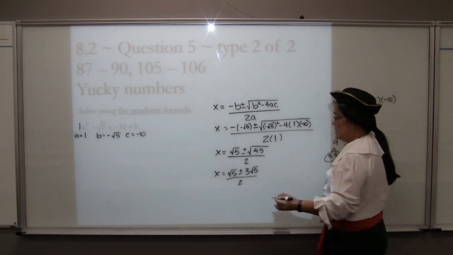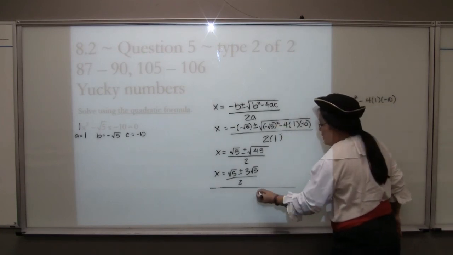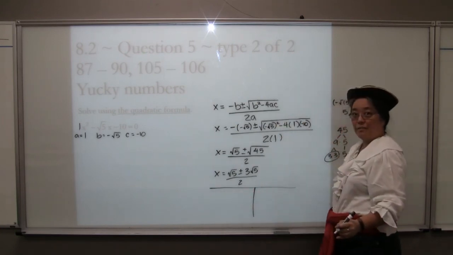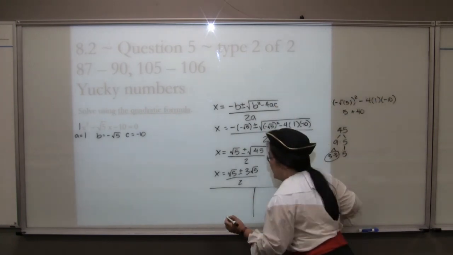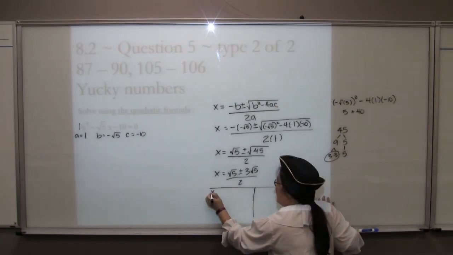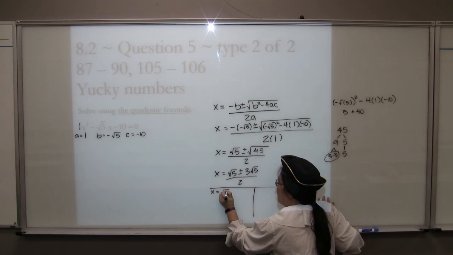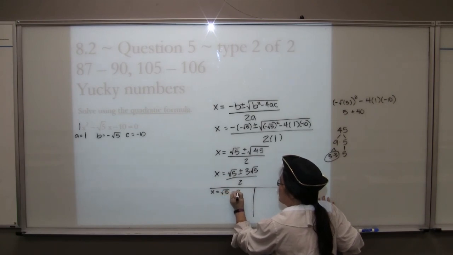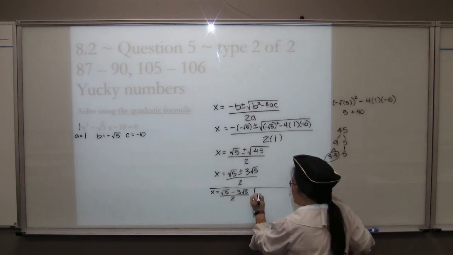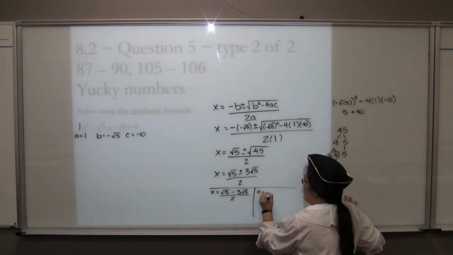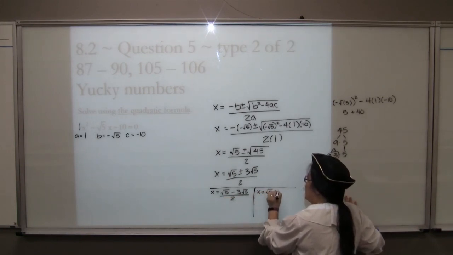We need to split this up. So we're going to split up into a negative version and a positive version. Here we go. X equals the square root of 5. Here's the negative version. And then x equals square root of 5, and here is the positive version.